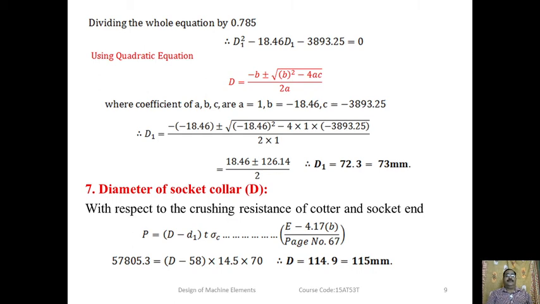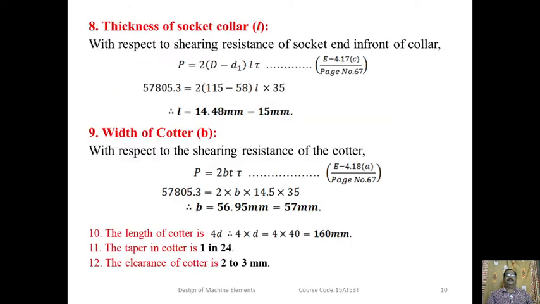Seventh step, diameter of socket collar, that is capital D. For this we have to use the equation 4.17b, again on page number 67. So we get the value of capital D is equal to 115 mm. Then eighth step, thickness of socket collar, that is small l.